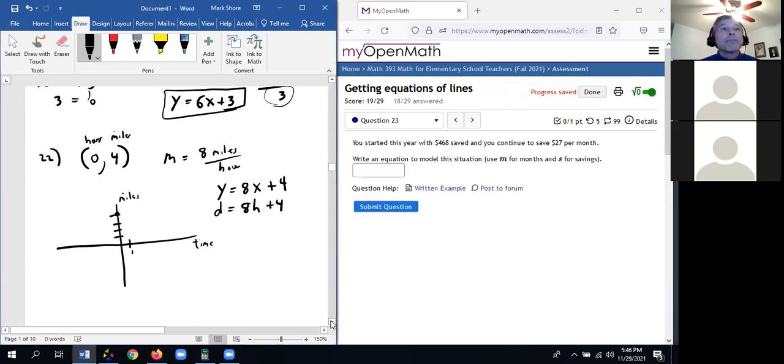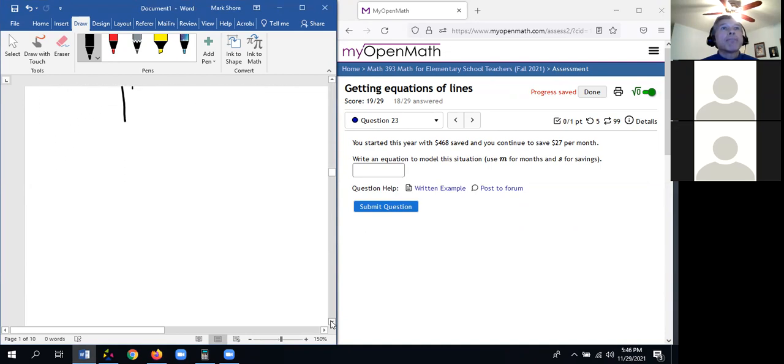So on this one, on 23, it just says you started this year with a savings account of $468. So see, that's the start of the year. I don't know if we're, I should read the whole problem before I do all this, but that's how much money. Then you save $27 per month.